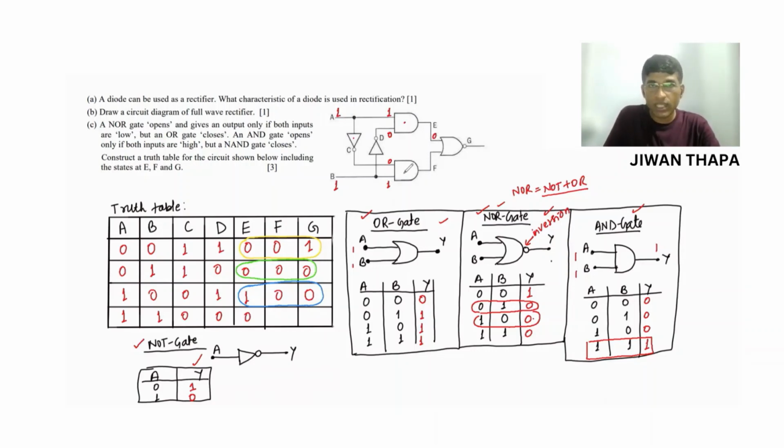And for this AND gate, 0 1 will give 0. So we have E 0, F 0. Now for 0 0 we get high, so we have 1. So what are we getting? For A 1, that is high, B 1, that is high, E is low, that is 0, F is 0, that is low, and G, that is the output, the final output of this circuit is 1, that is high.